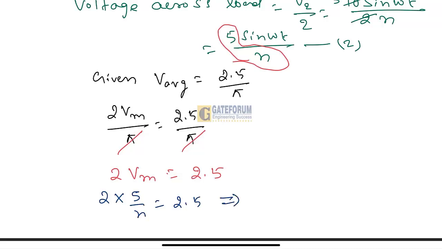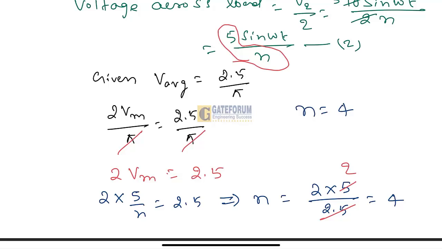From here, n is equal to 2 into 5 divided by 2.5. 5 divided by 2.5 gives 2, so we get 2 into 2, which is equal to 4. So we got n equal to 4, the number of turns at the primary coil is 4.